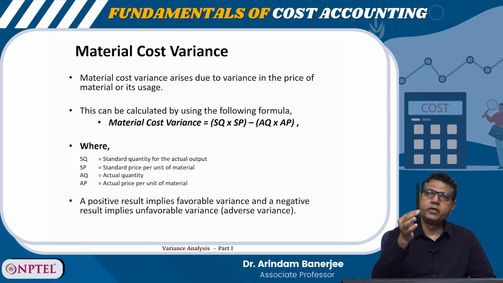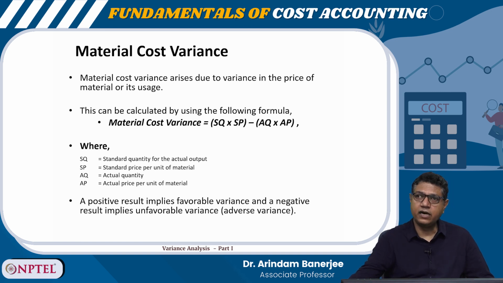So, this 100 rupees per 100 gram is my standard price, and my standard quantity is 50 gram per unit. So, my standard material cost will be how much? The standard quantity 50 gram into standard price 100 rupees. So, I am getting my standard material cost, fine.